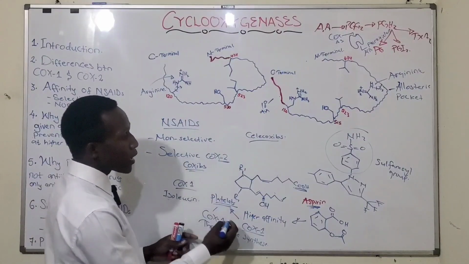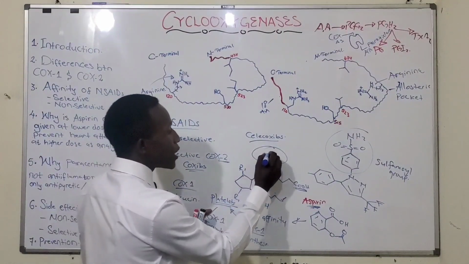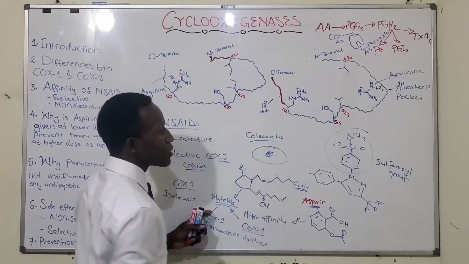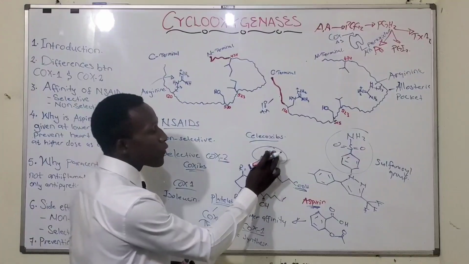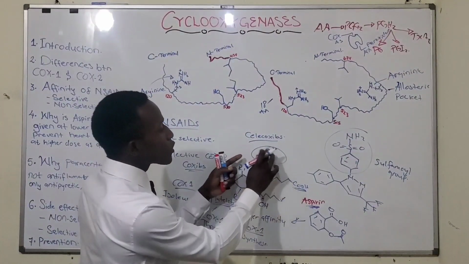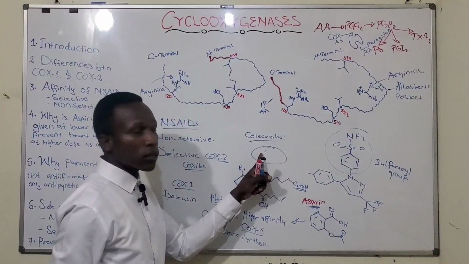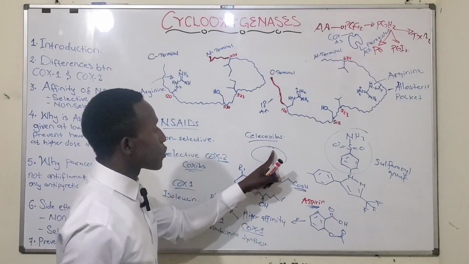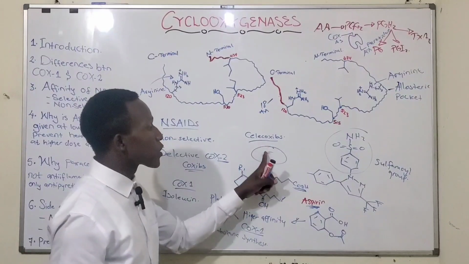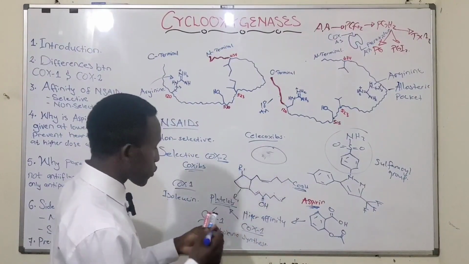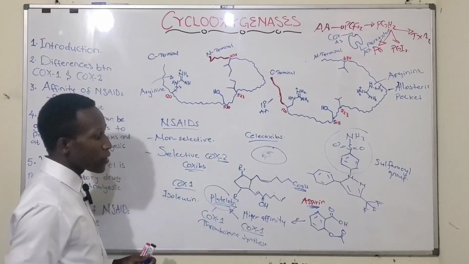And remember that platelets don't have a nucleus, meaning that whenever COX is inhibited, there's no more synthesis of COX. They have COX, but this enzyme is present from the formation of the platelets. So whenever it is inhibited, there's no more synthesis because they lack a nucleus. So the effect will be more in platelets than other regions.